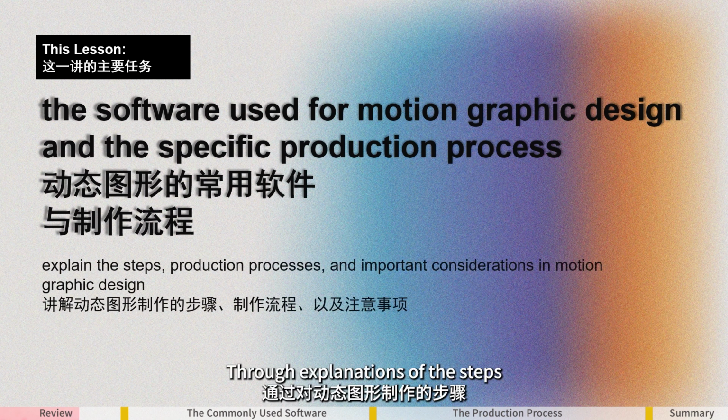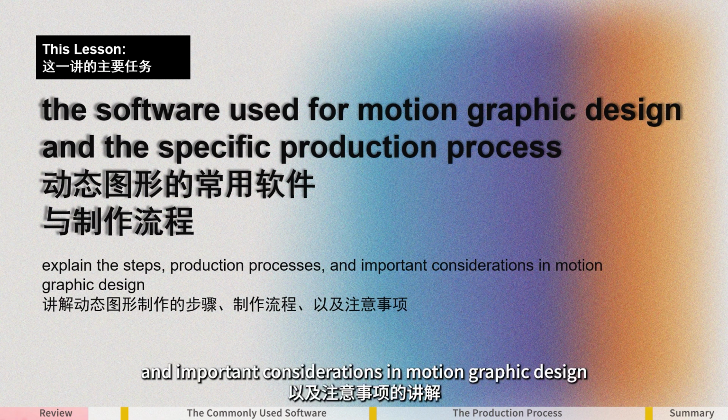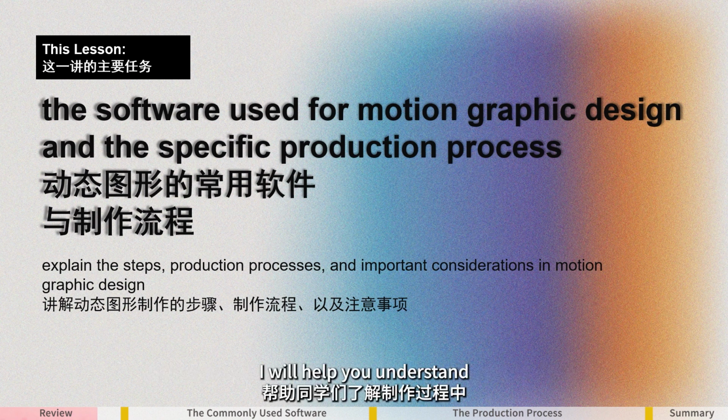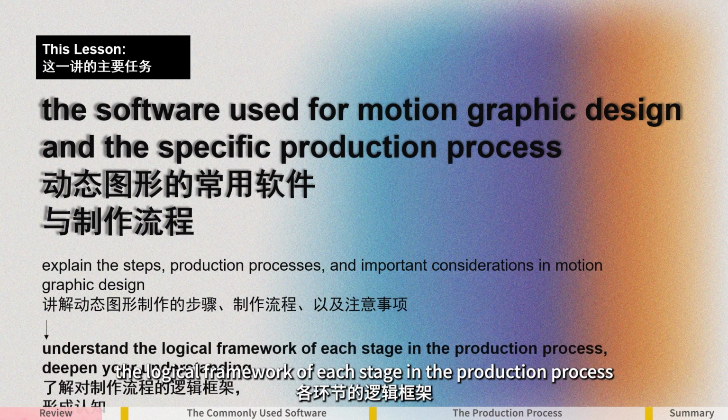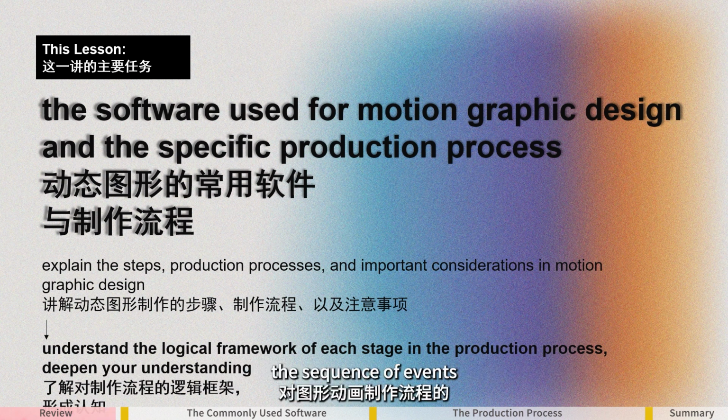Through explanations of the steps, production process, and important considerations in motion graphic design, I will help you understand the logical framework of each stage in the production process. This will deepen your understanding of the sequence of events in motion graphic design.